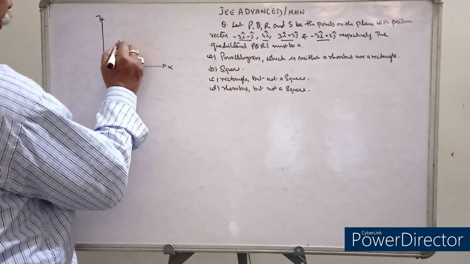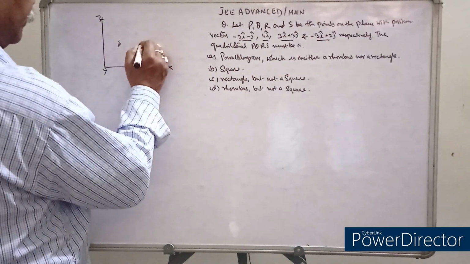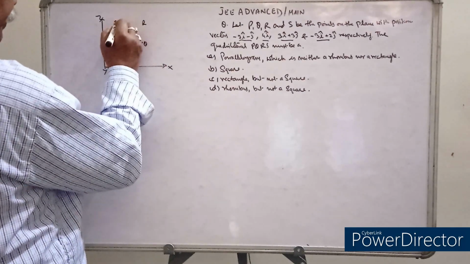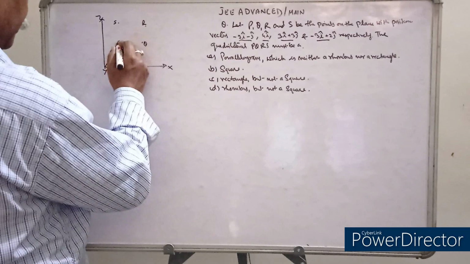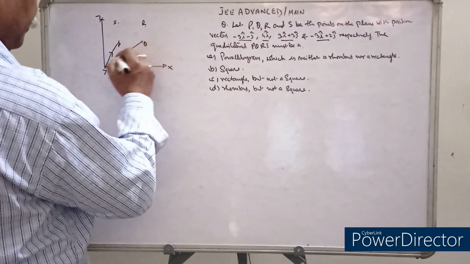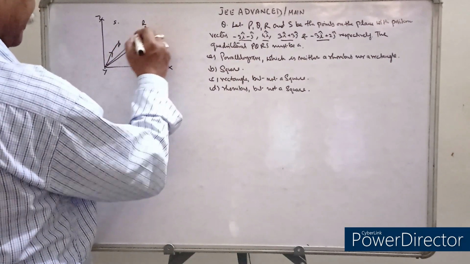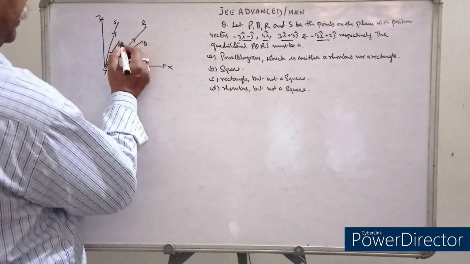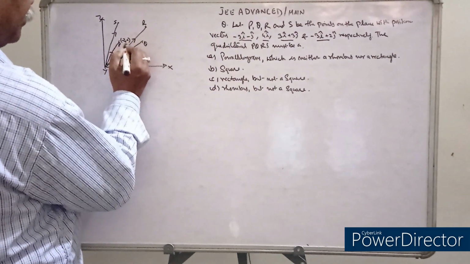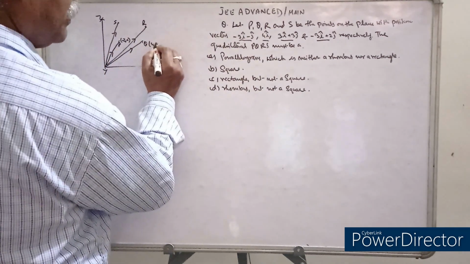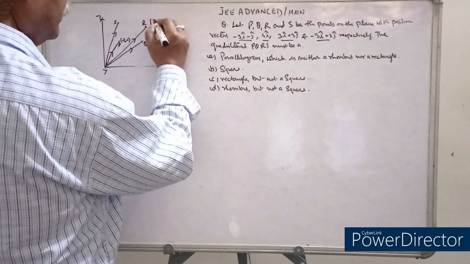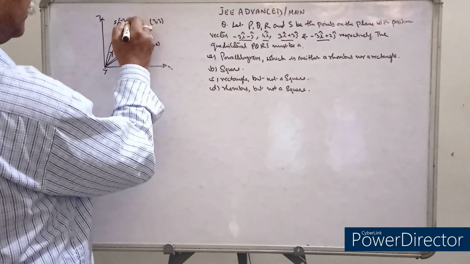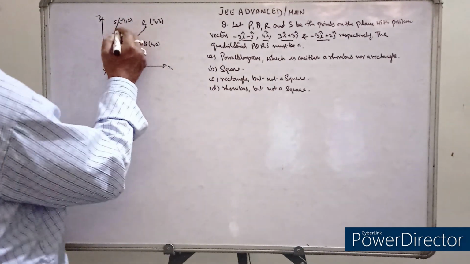This is P, this is Q, and then R. So OP vector, OQ vector, OR vector, OS vector are the position vectors. The coordinates of P is minus 2 comma minus 1, Q is 4 comma 0, R is 3 comma 3, and S is minus 3 comma 2. So let us find out.